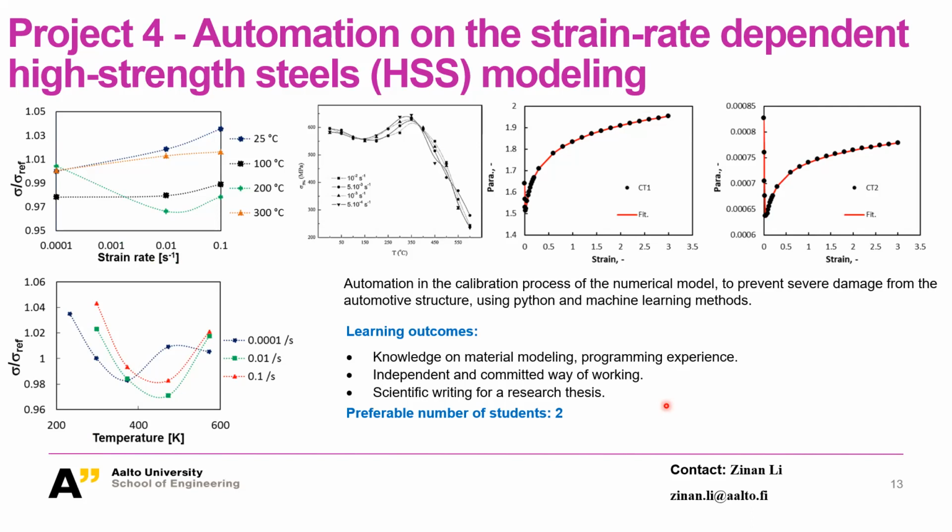We have 2 parameters in this model, CT1 and CT2, which is the temperature-based or the strain rate-based model. So we will have the automation of the calibration process at the beginning for this strain rate dependent damage locus model.